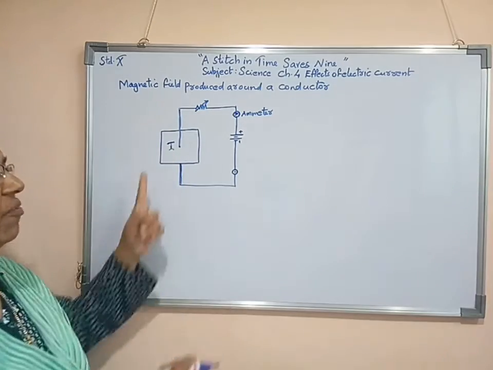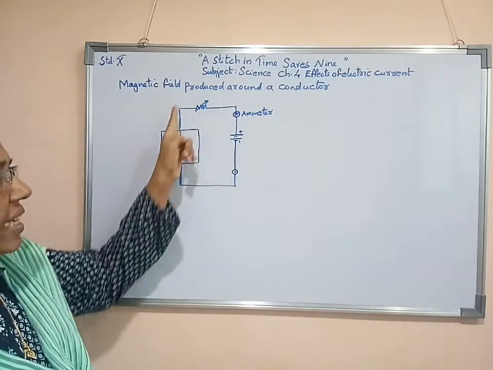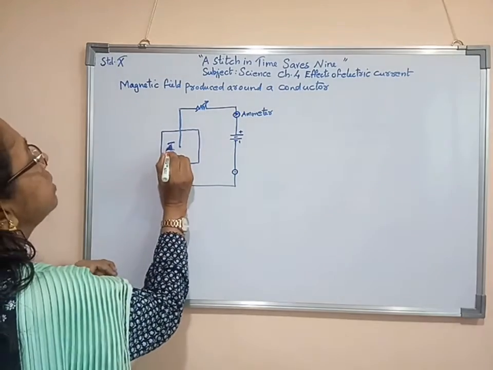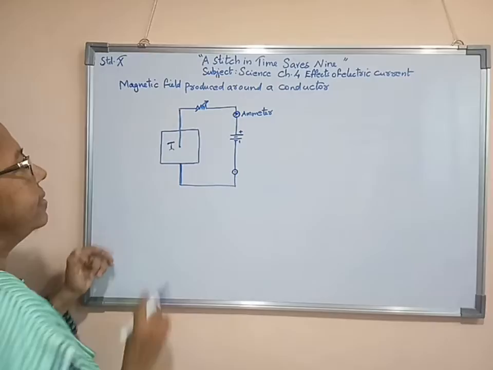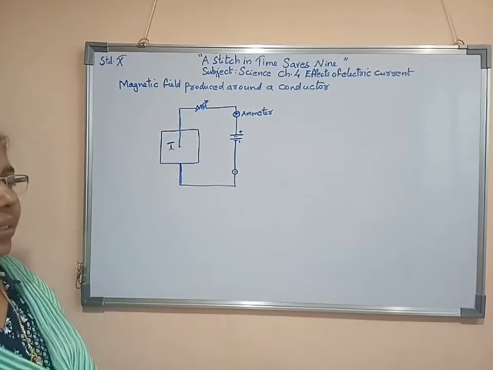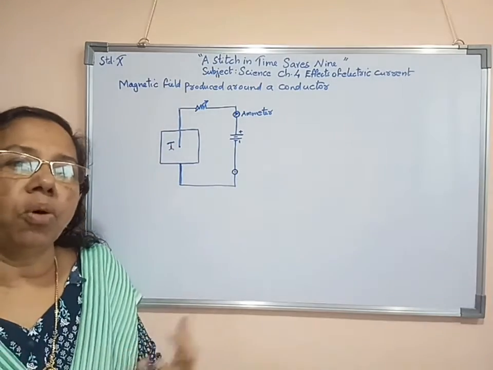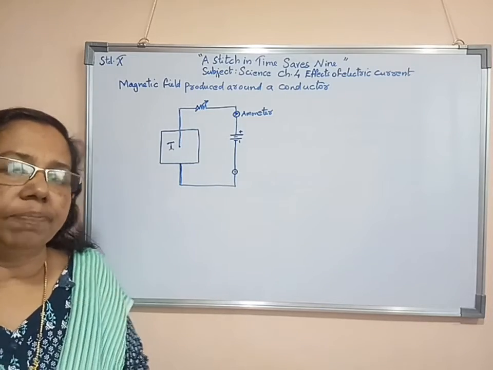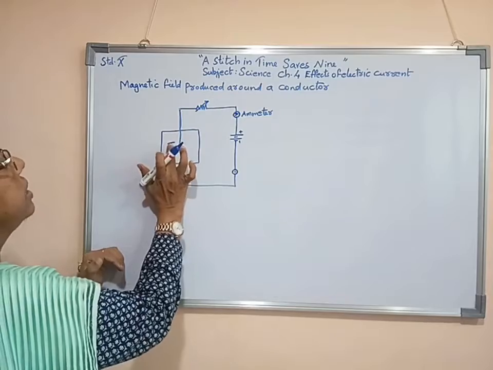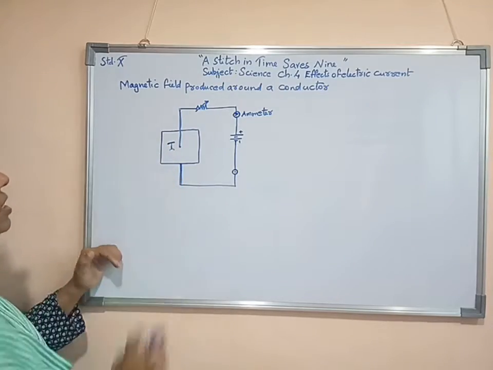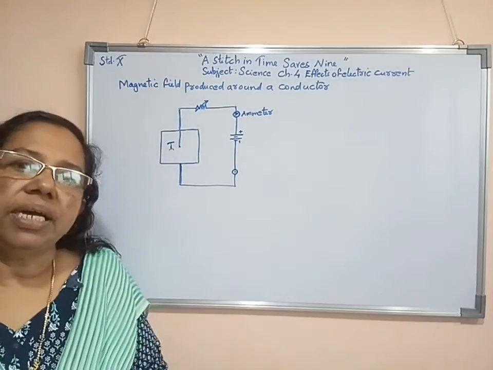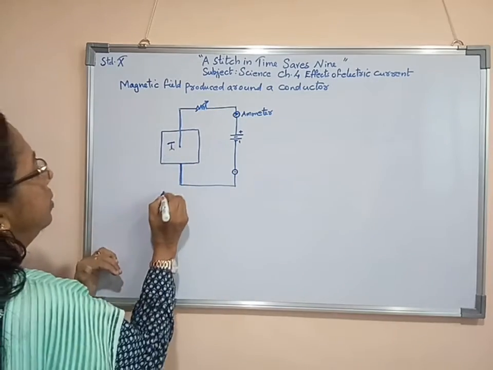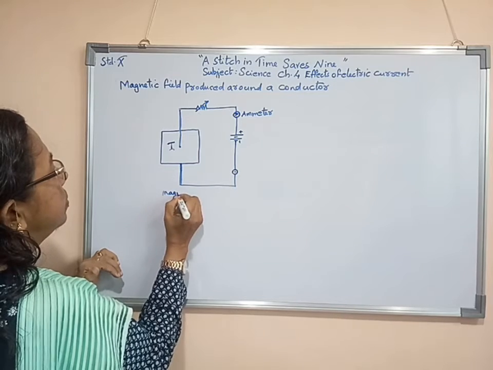When we keep a magnetic needle as current flows through this circuit, if we keep this magnetic needle near the current flowing conductor, you can find that more deflection is occurring to the magnetic needle. If we keep this magnetic needle far from it, you can find that there will be less deflection.